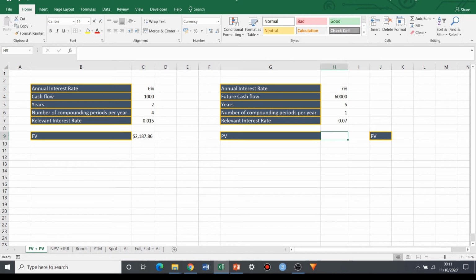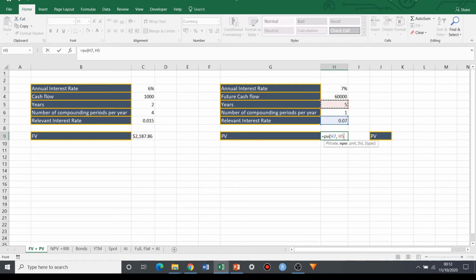So, in order to calculate the present value then, we're going to start by typing in equals PV and opening the brackets. And once you open the brackets, you should be able to recognize that the structure of the PV formula is almost identical to that of the future value formula. What are we going to choose for the first argument? Well, we're just going to choose cell H7. What's the number of time periods?